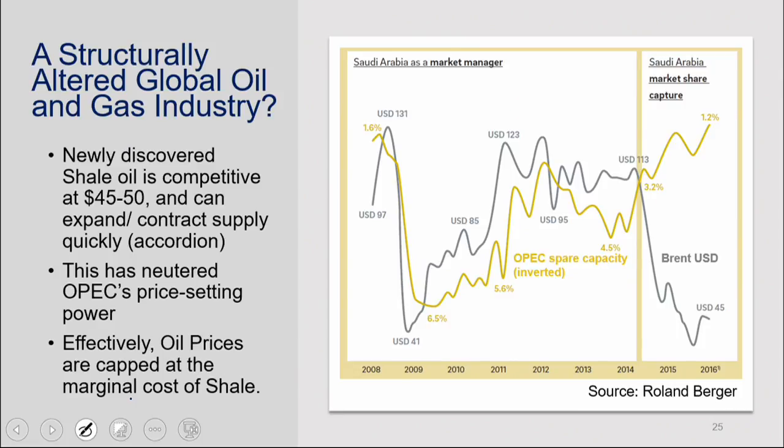So what this shows is that the yellow line is spare capacity inverted. That means if the line is going up, spare capacity is coming down. Before that, there's a very strong correlation between OPEC spare capacity, which is basically Saudi, and oil prices, where spare capacity goes down, oil prices go up, and vice versa.